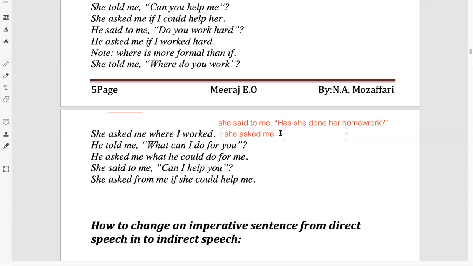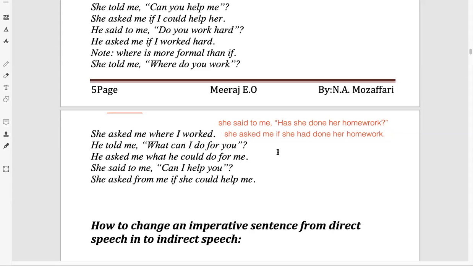If the subject is third person, we are not going to change the person according to the 1, 2, 3 formula. She has done her homework is present perfect tense. Present perfect tense is changed to past perfect tense. If she had done her homework. She asked me if she had done her homework.